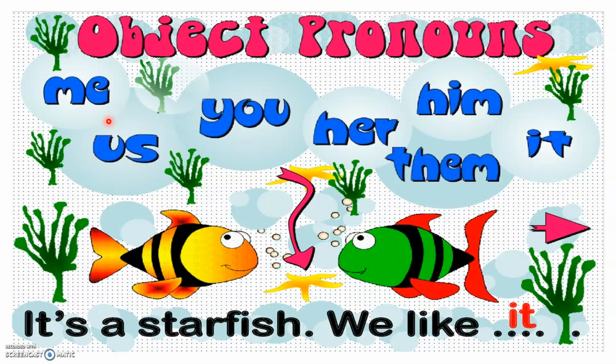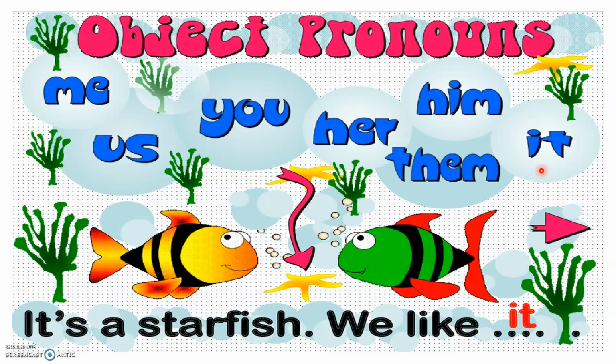If we are talking about ourselves, we are the people who were affected by the action. You. Her, if I am talking about a girl or a woman, or women, any women. Him, if we're talking about a boy or men. Them, we use it to talk about a group, but I have nothing to do with this group. Them, okay? And the last object pronoun, which is it.